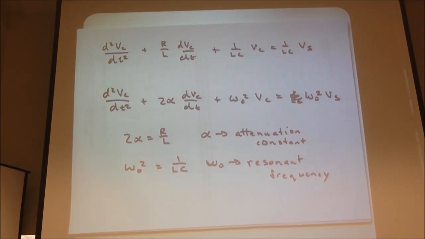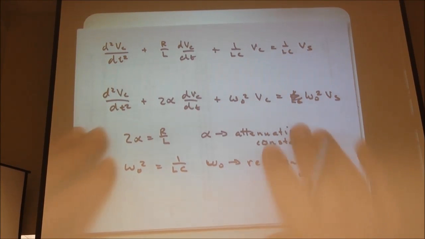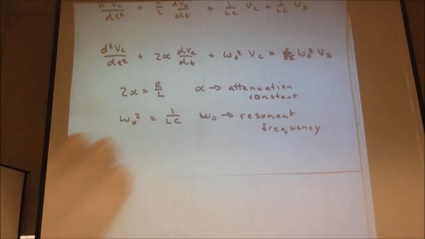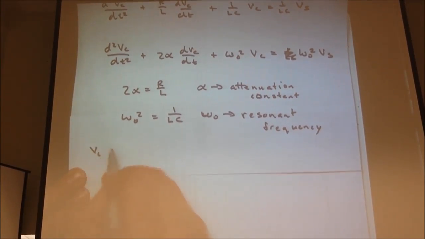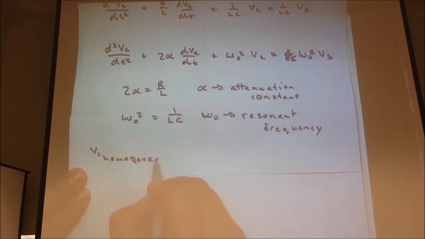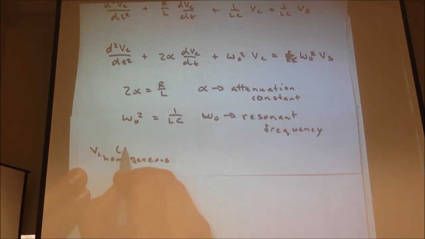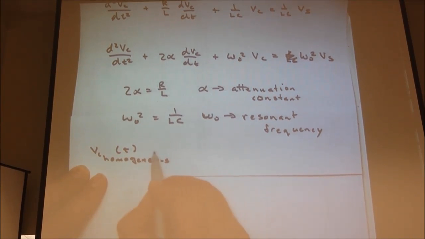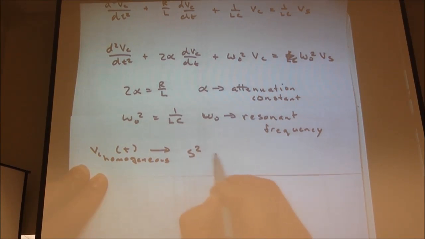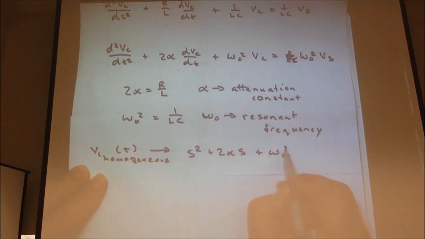So we can go back and say, in our expression, if we again plug in VC homogeneous, that's going to give us an S squared plus 2 alpha S plus omega naught squared equals 0.